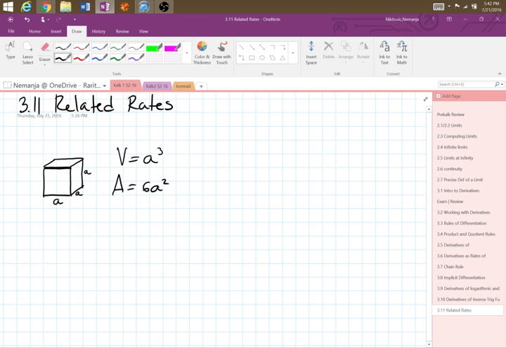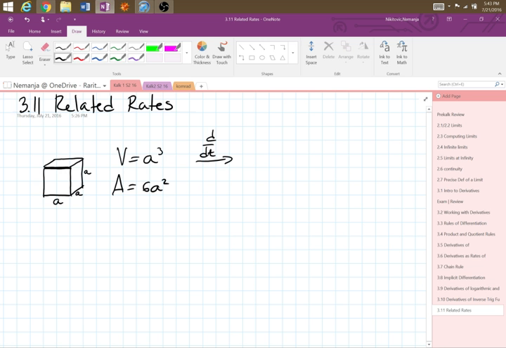Because it should be clear that if this cube starts losing length on all the sides, the volume will decrease, and that should be common sense. So in that sense, what I can do is take this equation here and differentiate it with respect to time, because all of these changes happen in time.